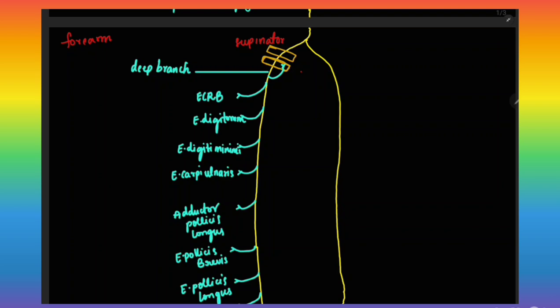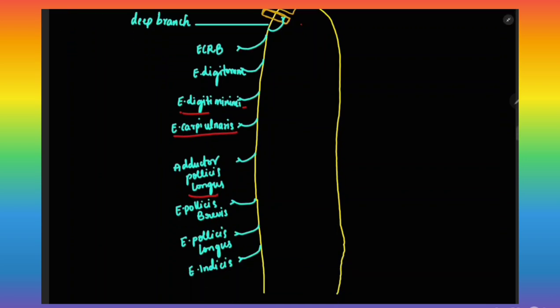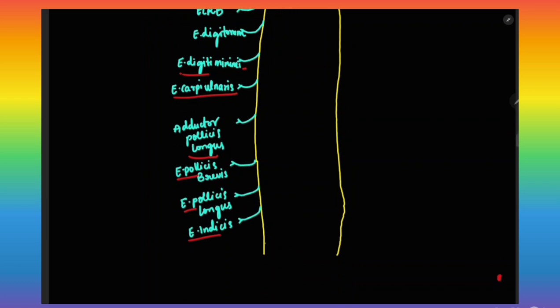It supplies a nerve to extensor digitorum, extensor digiti minimi, extensor carpi ulnaris, abductor pollicis longus, extensor pollicis brevis, extensor pollicis longus, extensor indicis, and then it gives two articular branches for inferior radio-ulnar joint and another articular branch for wrist joint.